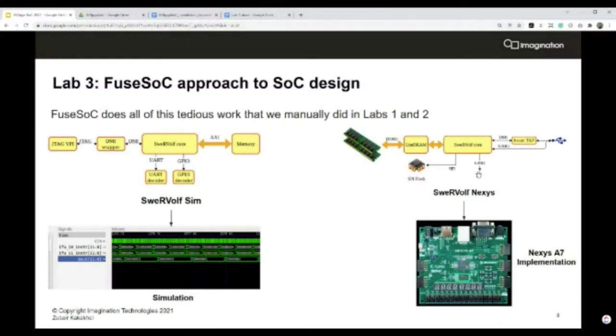If the interfaces are compatible, and the description is done correctly, it will generate the SoC. So in Lab 3, we go in depth into FuseSoC, we compare these approaches, and then we use FuseSoC to generate the system on chip.